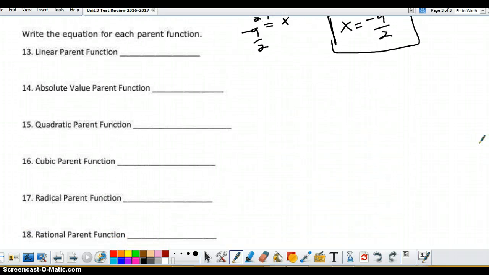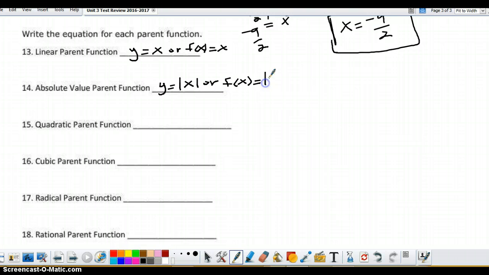Alright, so write the equation for each parent function. So linear parent function is y equals x, or f of x equals x. Absolute value is y equals the absolute value of x, or f of x equals the absolute value of x.